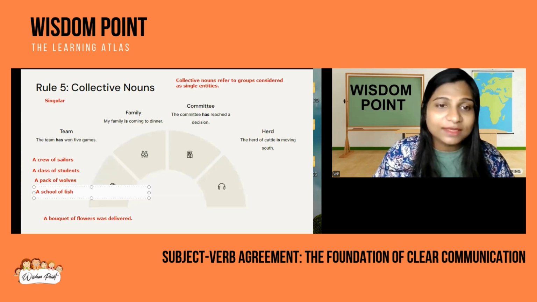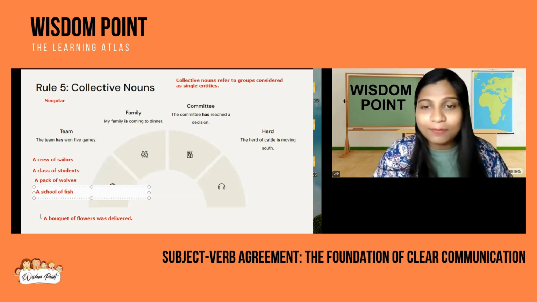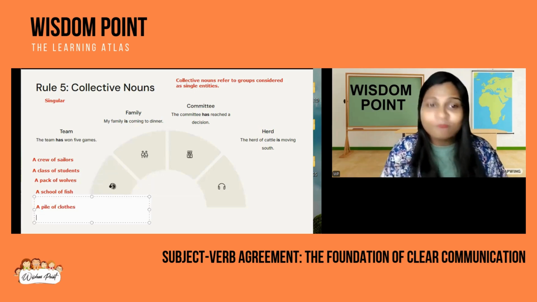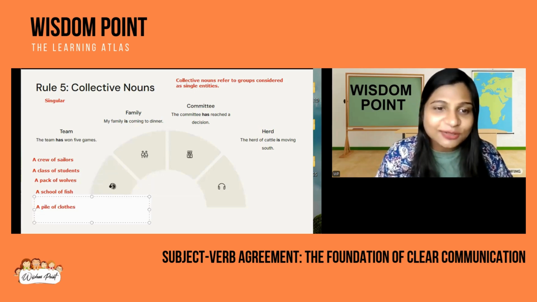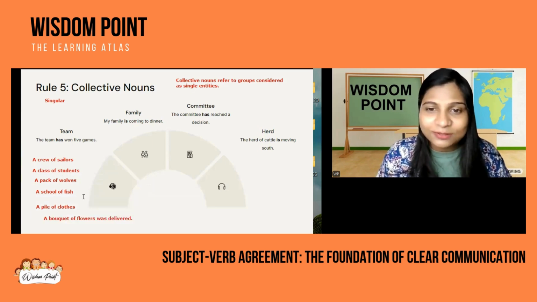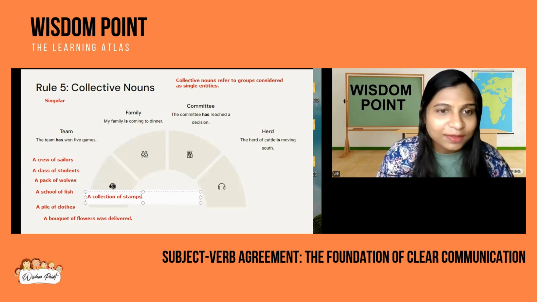Apart from this, I can say a collection of stamps, a pile of clothes. We do have a pile of clothes, right? It's always there. So I'm talking about one pile of clothes. A collection of stamps. This is also singular. This is also my collective noun. I hope you're getting this, right?